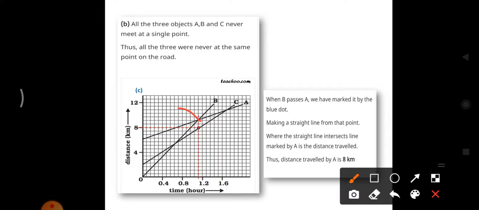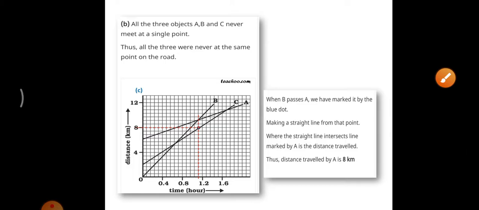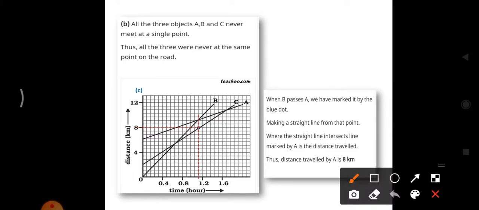How much distance has C travelled? So this is the C line. This is the meeting point of B and A, that means B crosses A. We have to draw a perpendicular line to the x-axis and also the y-axis from C. So C travelled 8 km. Do you understand?